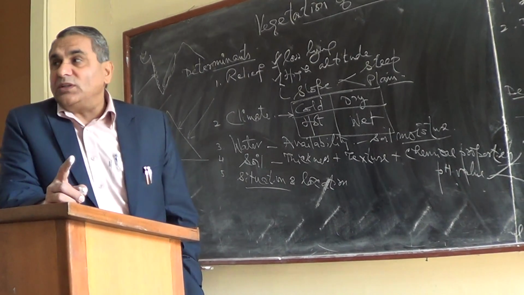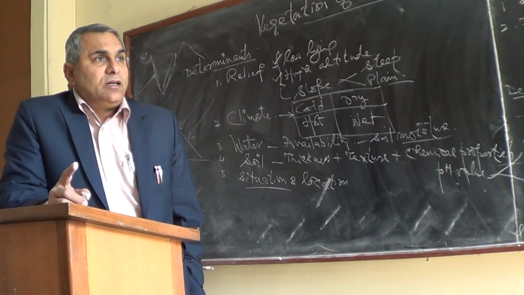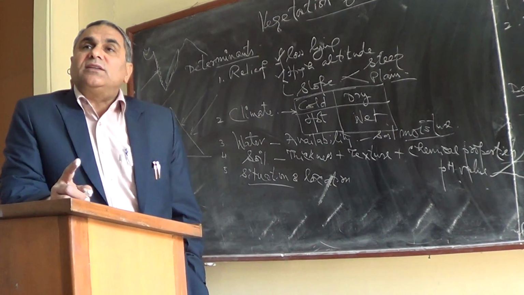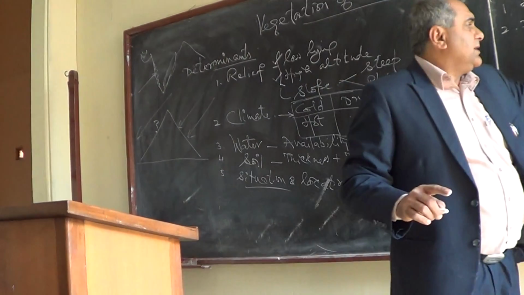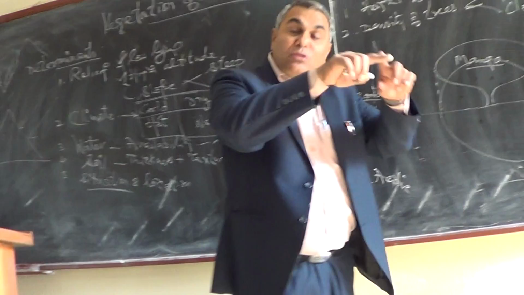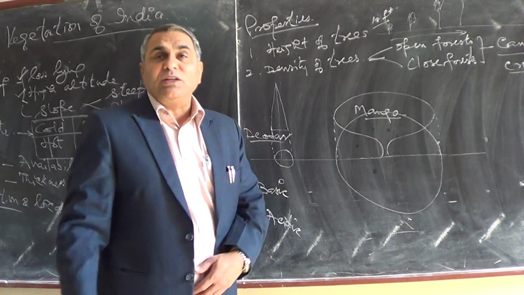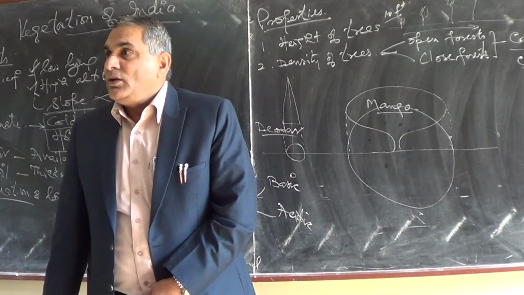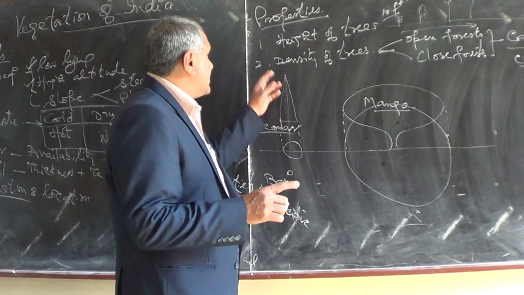If the canopy coverage is less than 25% of the total geographical area of the forest, it is called open forest. If it is more than 25%, it is called closed forest. Is it clear? This is one.